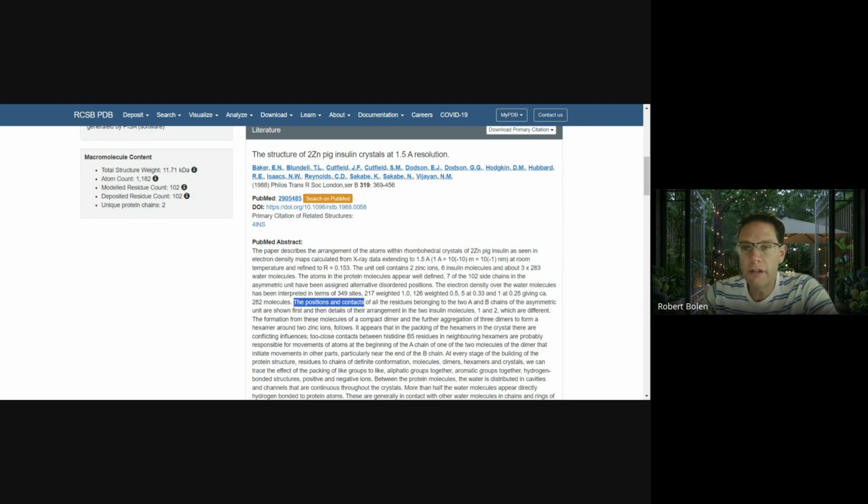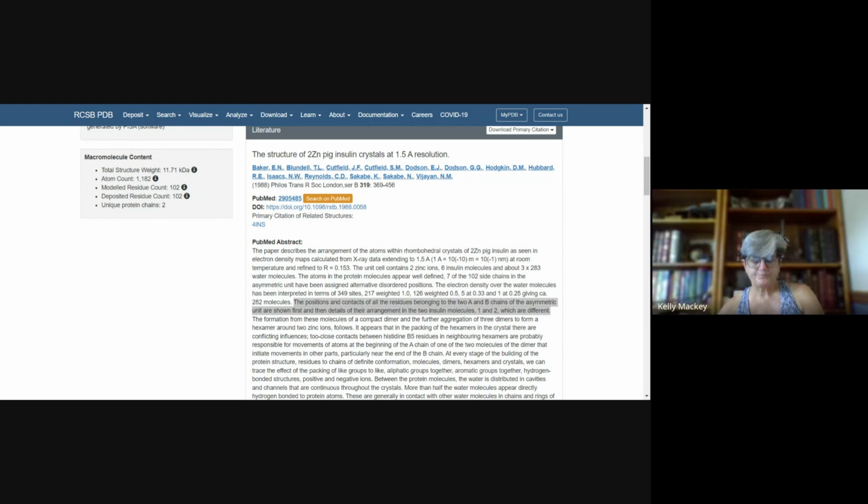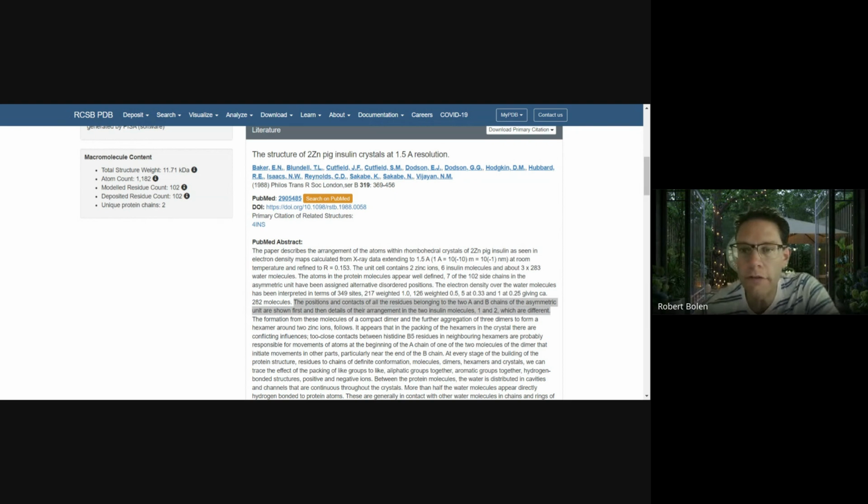Can you guys see my screen if I highlight this? Yep. It says the positions and the contacts of the residues belong to the 2 A and B chains, and the details and arrangement in the 2 insulin molecules, 1 and 2, which are different. So that's why there are 102 residues. There were 2 in there.